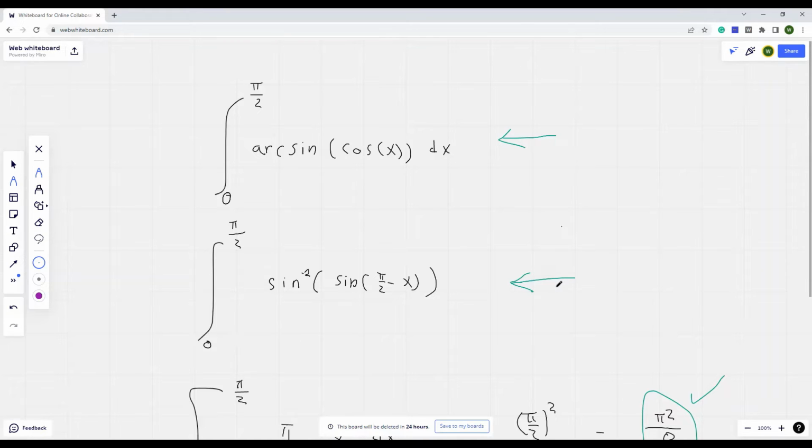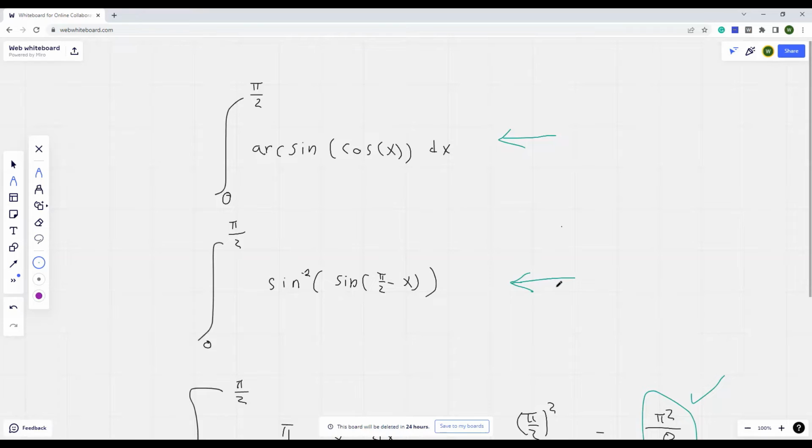So you've got the sine of pi over 2 minus x, right? The sine function takes the pi over 2 minus x and thinks it's an angle, theta. It converts it to a ratio. Then arc sine gets that ratio and converts it back to an angle. It's an inverse operation.